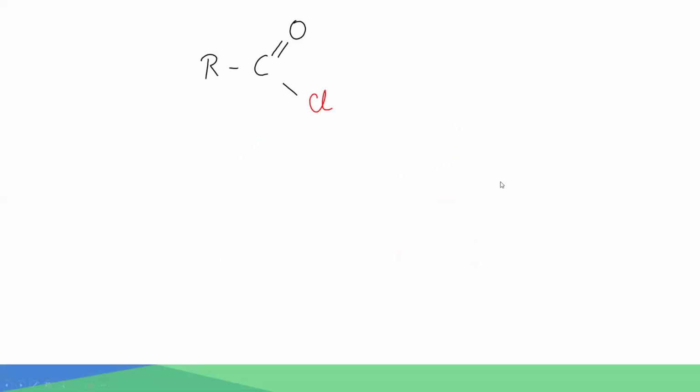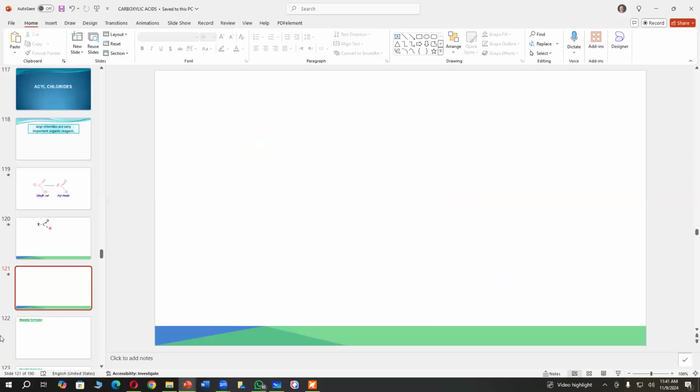Now, this is RCOCl. This is called an acyl chloride. The carbon to chlorine bond is extremely polar. Carbon and chlorine bond is very much polar.